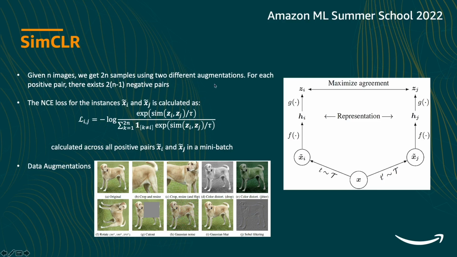And the 2 augmented versions of the same image form a positive pair. And for each positive pair, we have 2n-1 negative pairs. So these are coming from the other n-1 images after applying their augmentations.